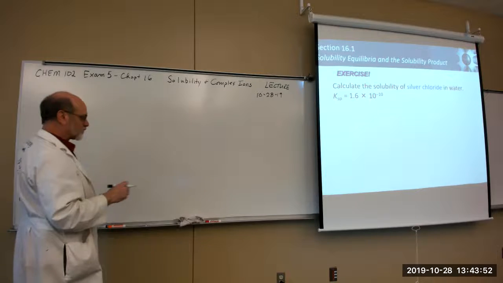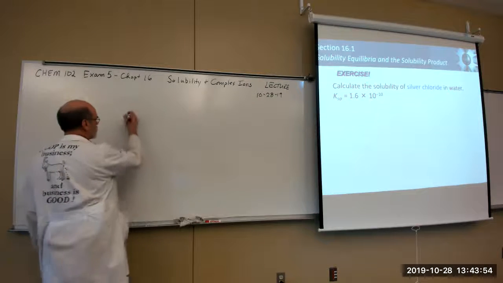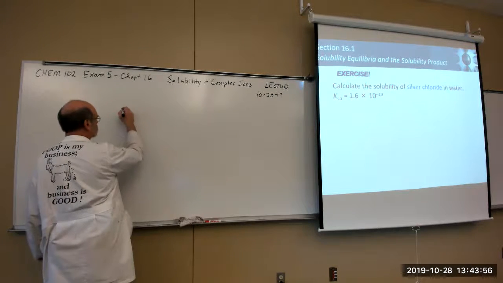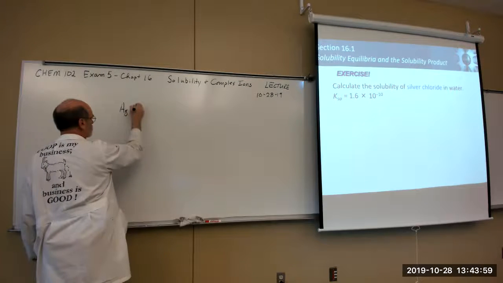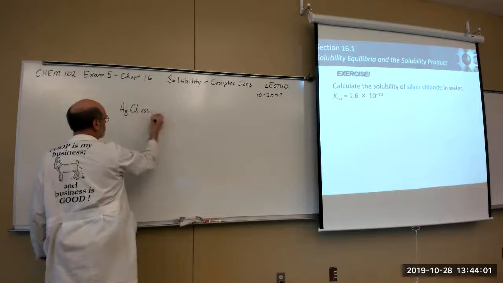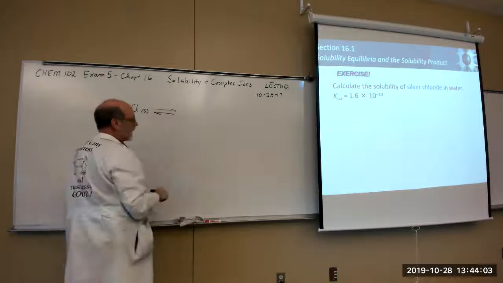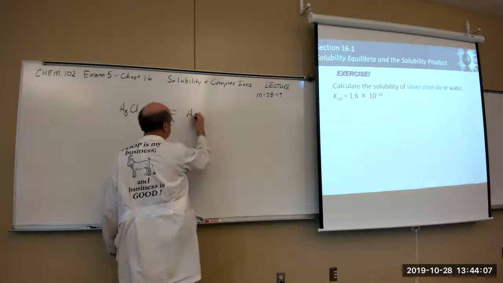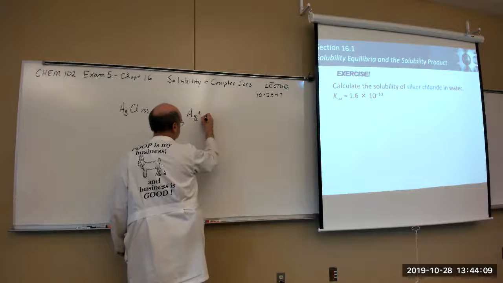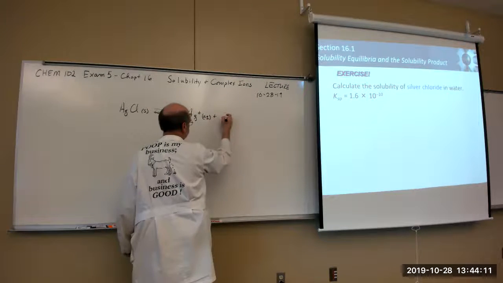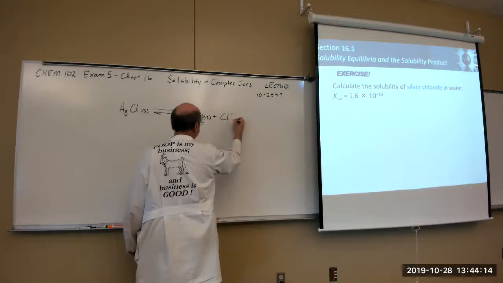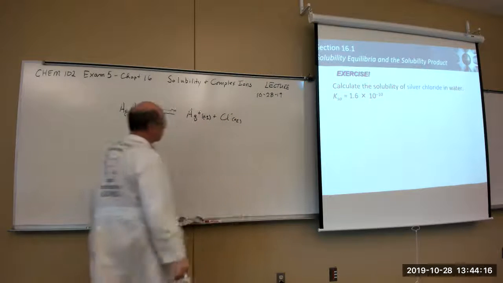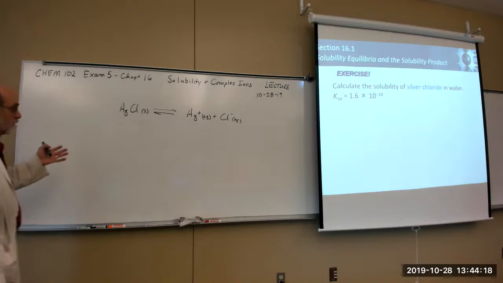Well, what's the expression for solubility of silver chloride? So the reaction, you always put the solid on the left and the soluble products on the right. Okay, so that's what our expression would look like.